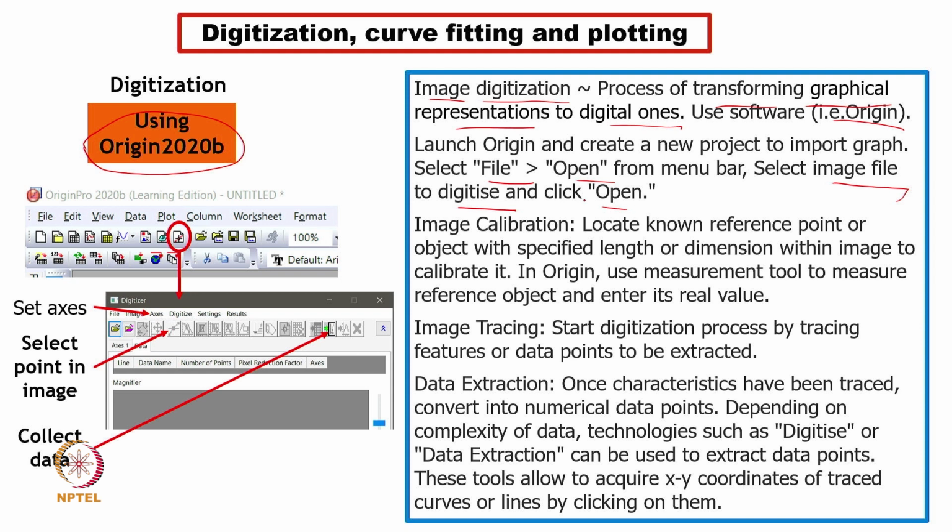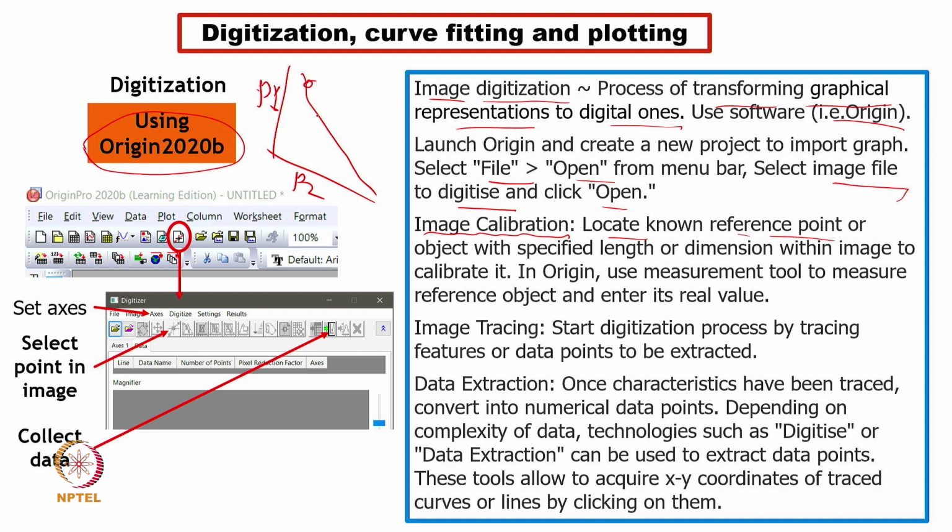Now here, because images can be at different levels, initially we require some sort of calibration. So what is that? We allocate some sort of reference points. Suppose there is a graph available with parameters, say parameter p1 and parameter p2, and this kind of curve.